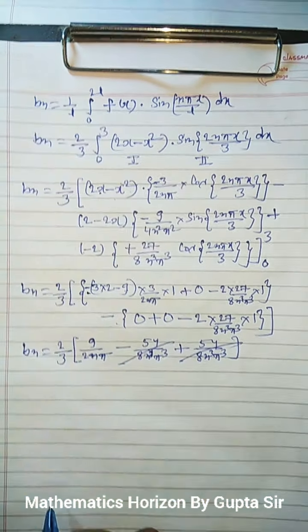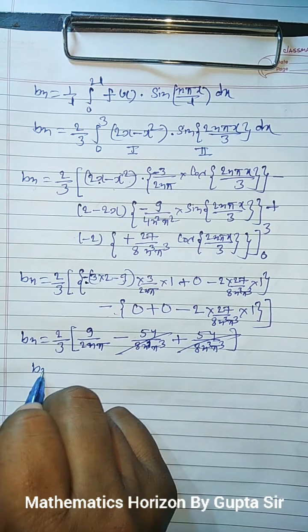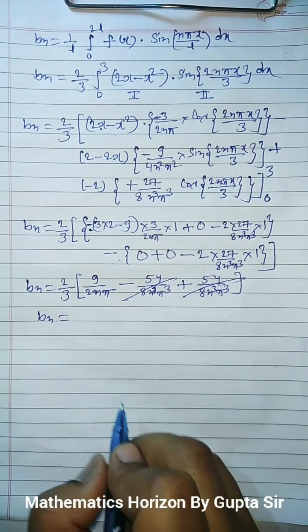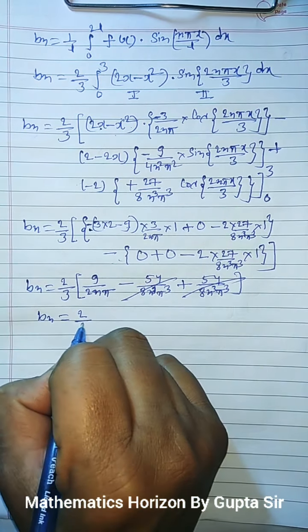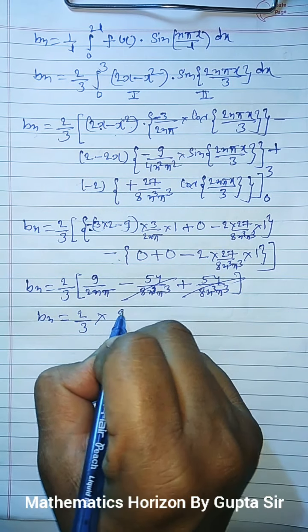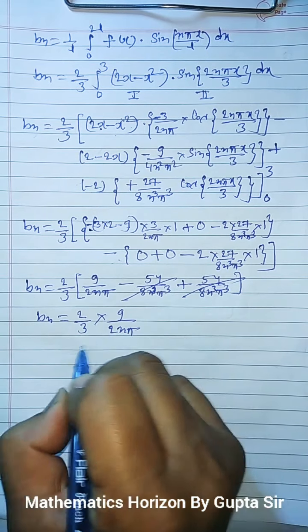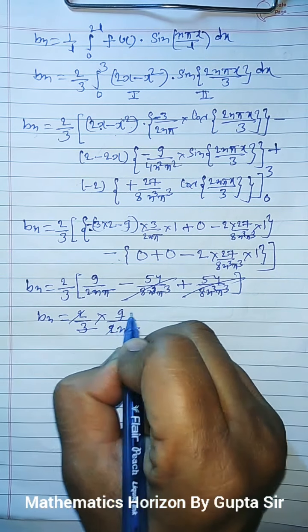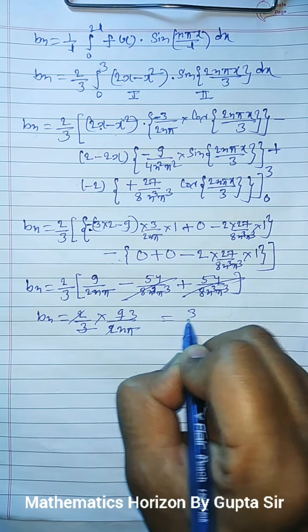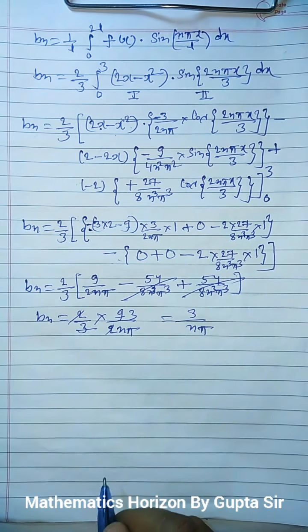Now these two will be cancelled out, that is Vn equal to 2 by 3 into 9 upon 2n pi. This 2 will be cancelled out, this 3 3 is 9, means Vn equal to 3 upon n pi.